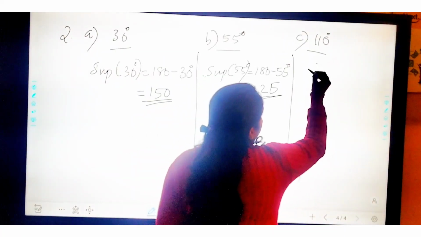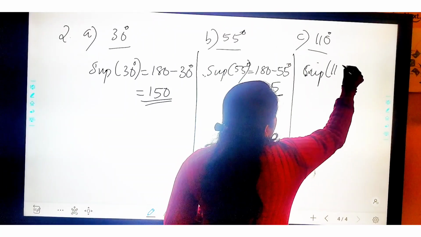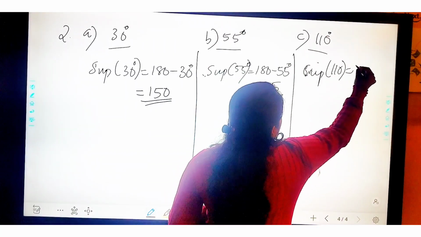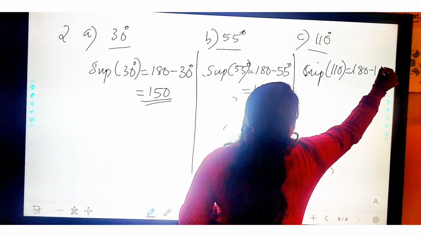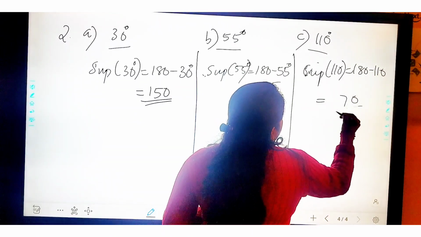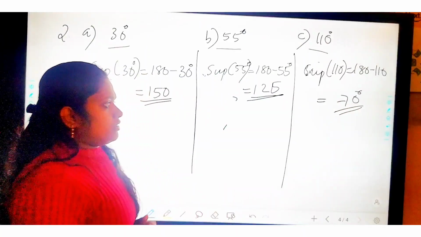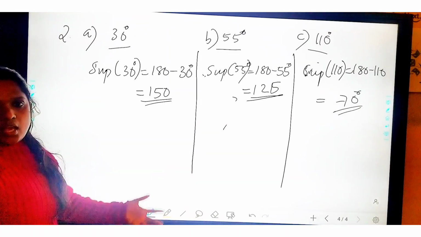Then another one is the supplement of 110 equals 180 minus 110 equals 70 degrees. 70 degrees will be the answer. These are the supplements of each angle.